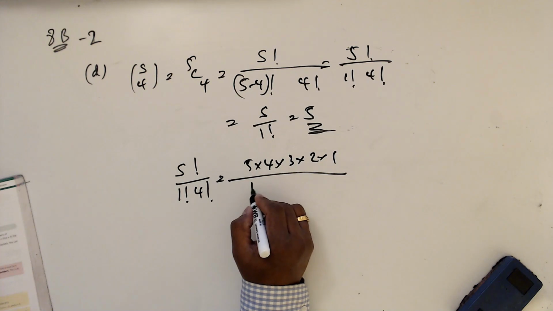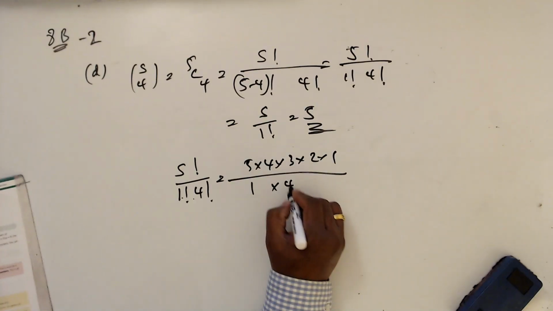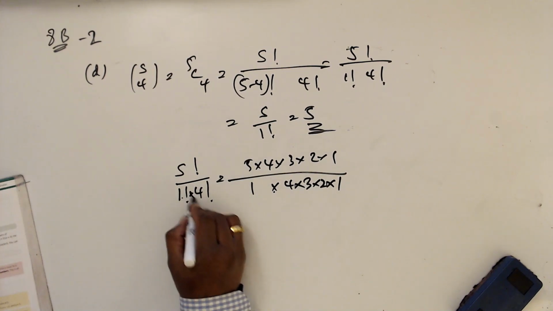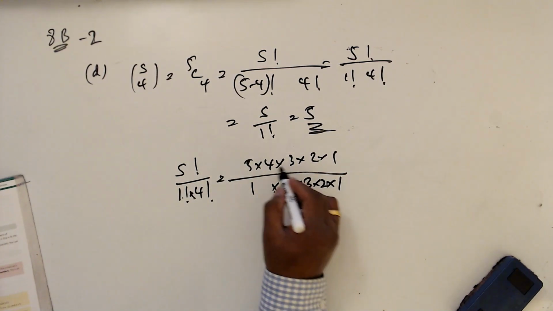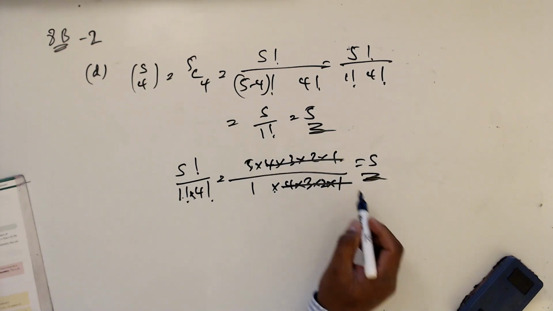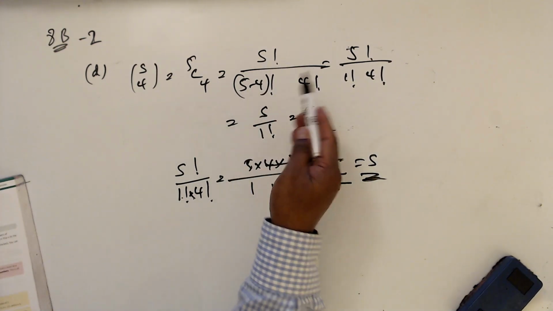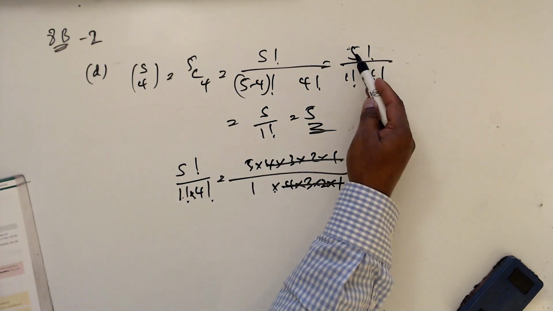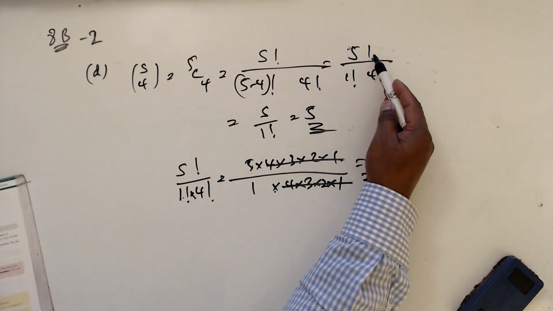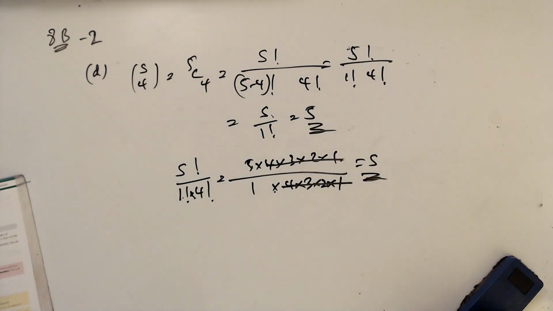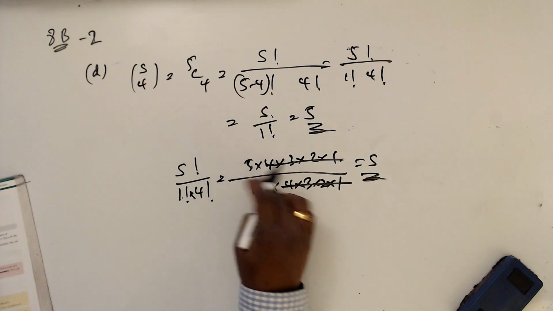This is 1 and 4, 3, 2, 1. This multiplies because of this. 4, 3, 2, 1 over 4, 3, 2, 1. 5 divided by 1 is 5. That's why you have to cancel out mentally. This is maximum 5, 4, 3, 2, 1. Maximum 4 cancels out and 5 is going to remain here. See, you need to see that mentally.